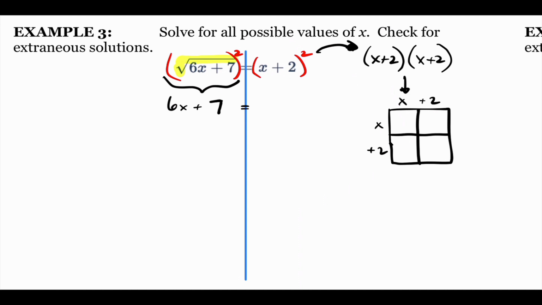X times x makes x to the second power. 2 times x makes 2x. 2 times x makes 2x. Positive 4. Combine like terms. I can combine two of the sections of the box because they're both like terms. So I get x squared plus 4x plus 4.